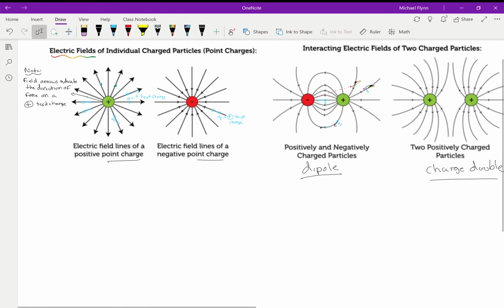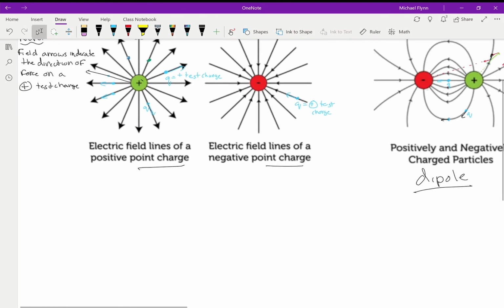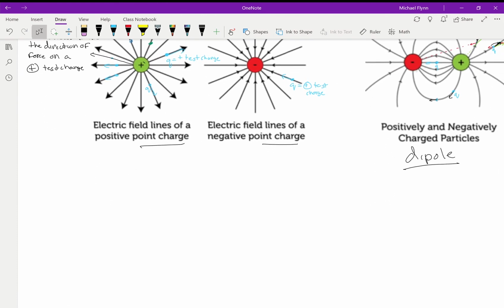Unfortunately, the lesson does not end there. We have to talk about something else, and I'm going to start the note down here. I'm going to call this note electric field intensity.